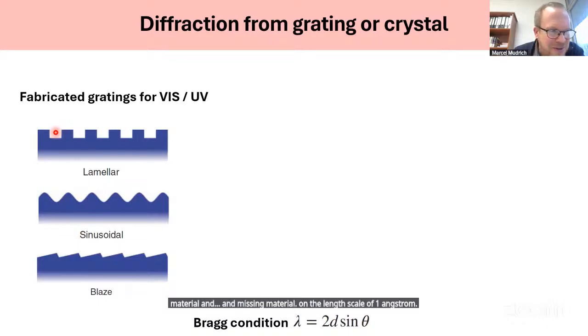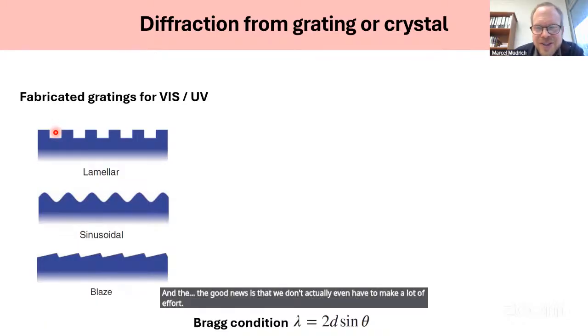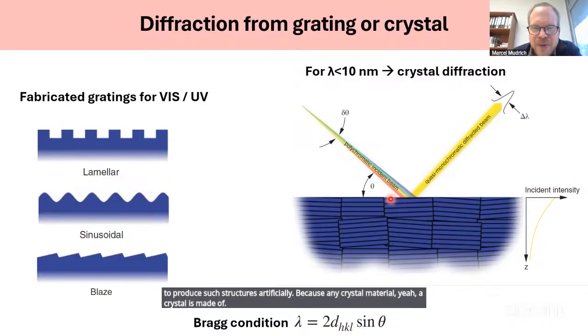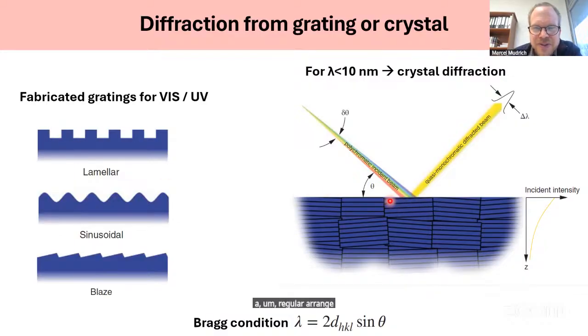And the good news is that we don't actually even have to make a lot of effort to produce such structures artificially, because any crystal material, a crystal is made of a regular arrangement of atoms, right? That's a crystal.